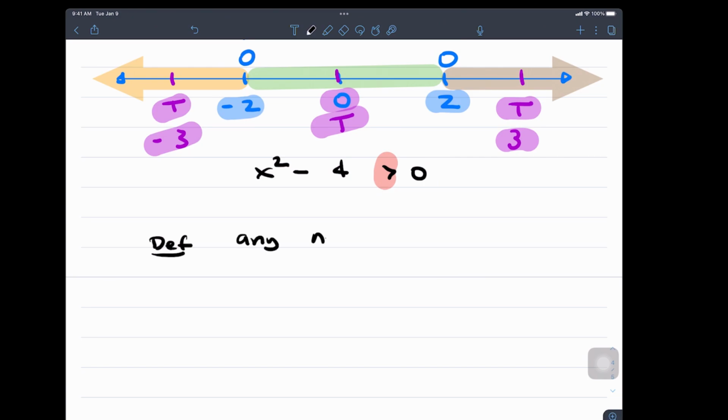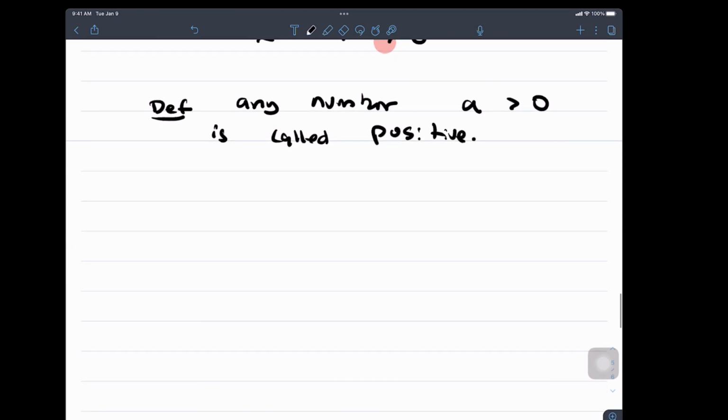Any number A that is greater than 0 is called what kind of number? If you're bigger than 0, you know what we're saying? Any number to the right of 0 is positive. It's a positive number. So to be positive, you have to be bigger than 0.